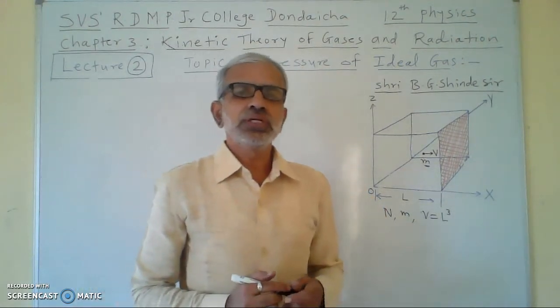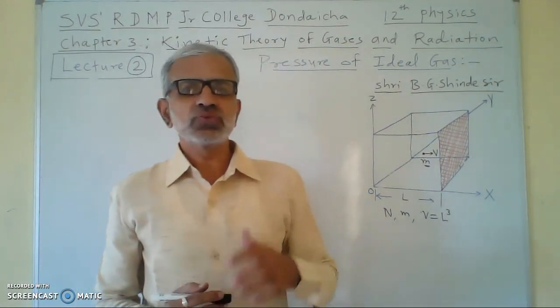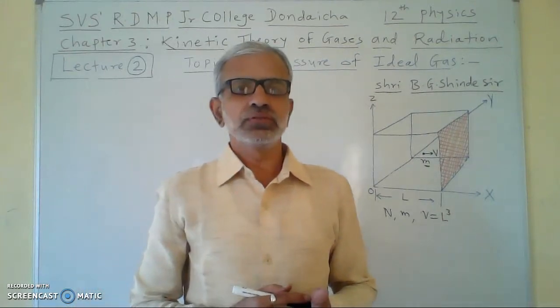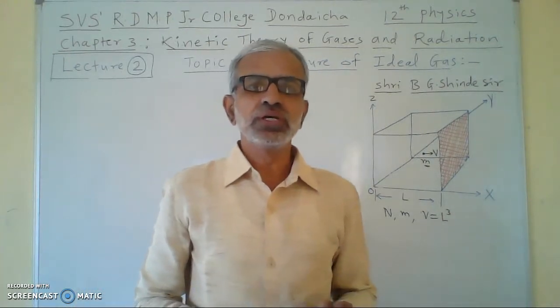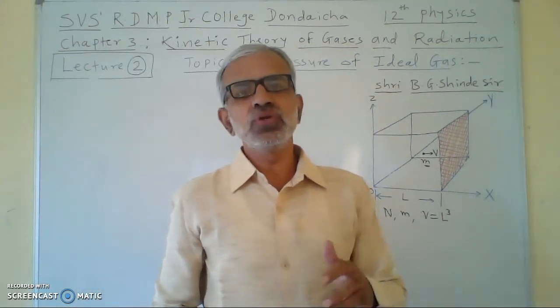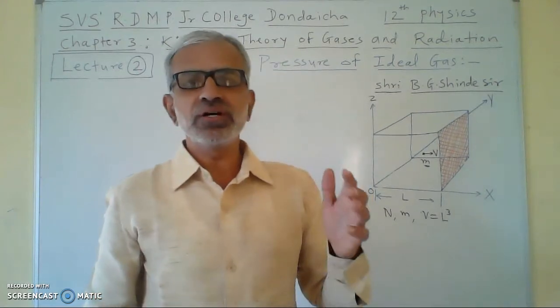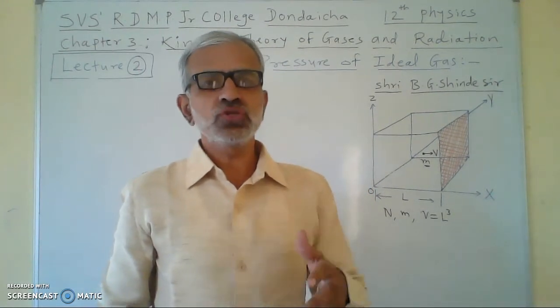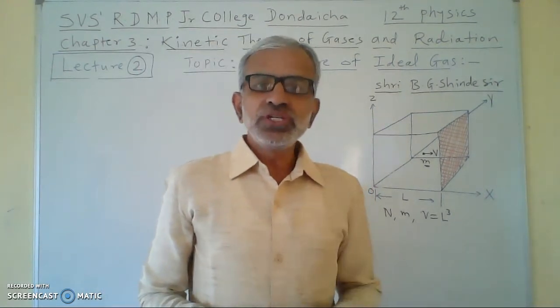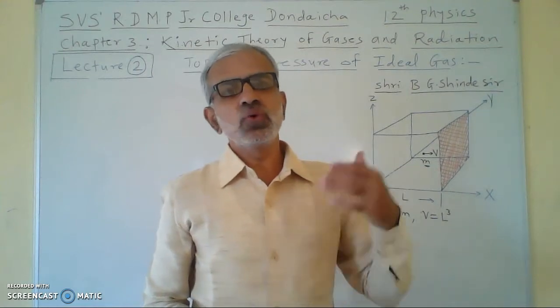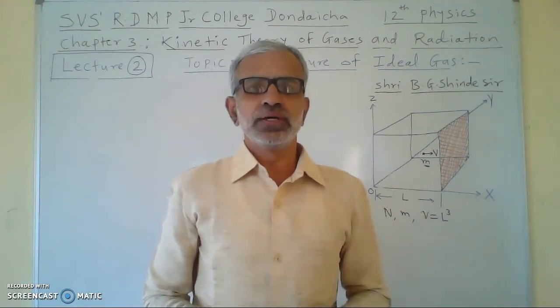Now there is one property of the gas we have seen in 11th standard. There is one assumption that all the gas molecules are in a state of random motion. Also, they collide with each other. Also, they collide with the walls of the container.